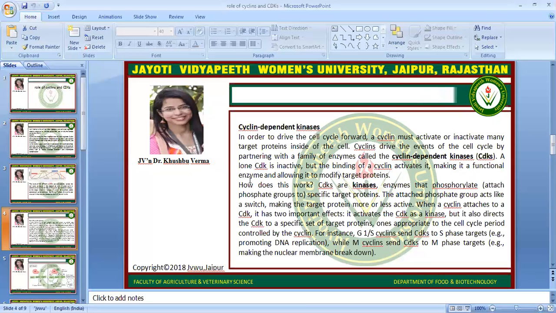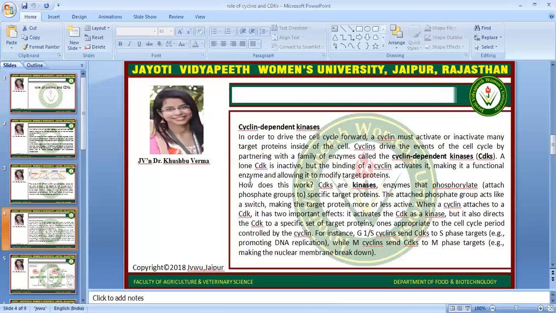How does it work? CDKs are kinase enzymes that phosphorylate, meaning attach phosphate groups to, specific target proteins. The attached phosphate group acts like a switch, making the target protein more or less active. When a cyclin attaches to CDK, it has two important effects.